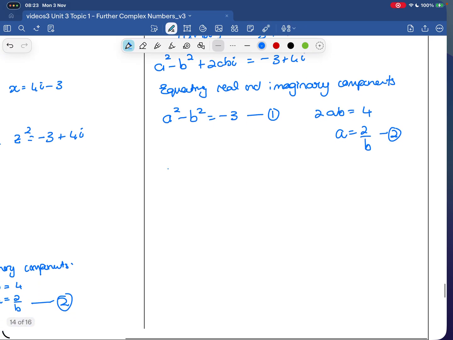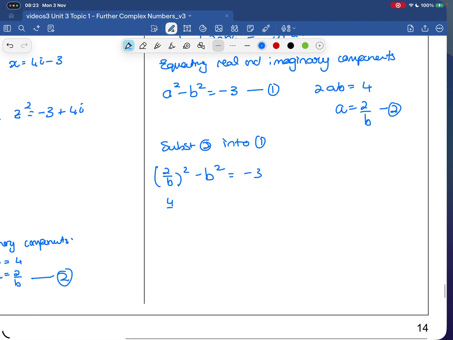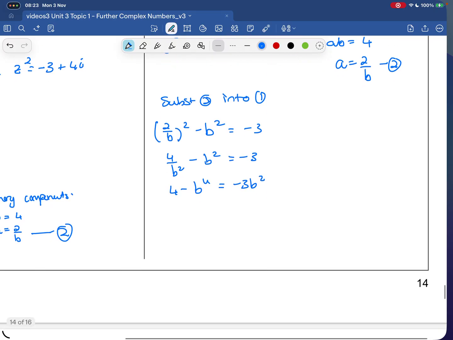Okay, so now I'm going to substitute 2 into 1 so that I have 2 over b squared minus b squared is negative 3. 4 over b squared minus b squared is negative 3. 4 minus b to the 4 is negative 3b squared.